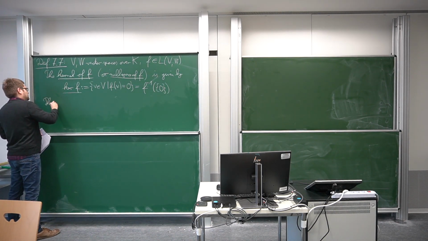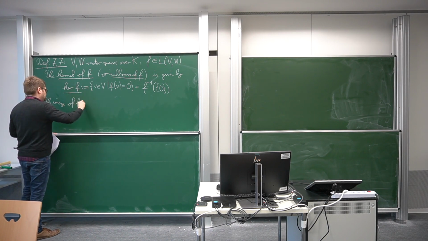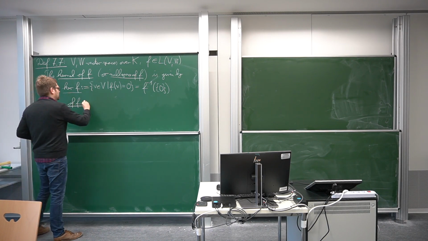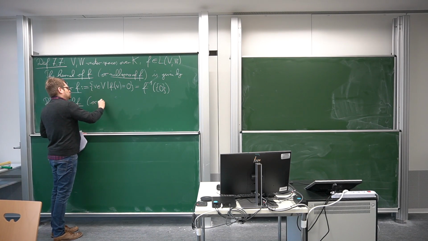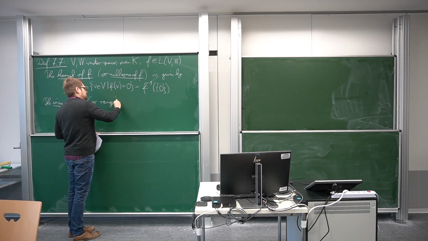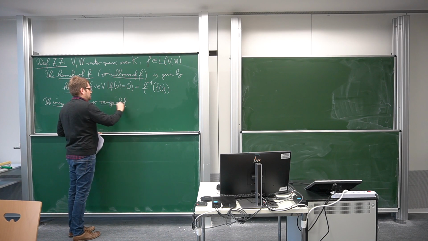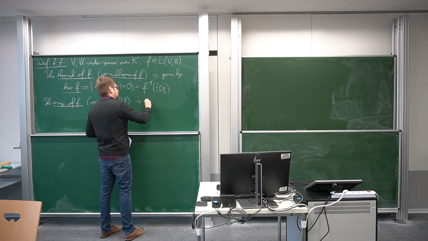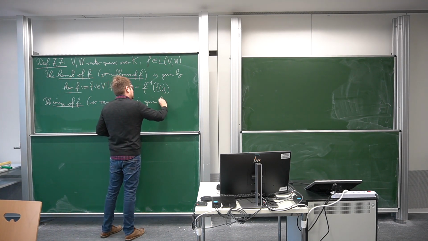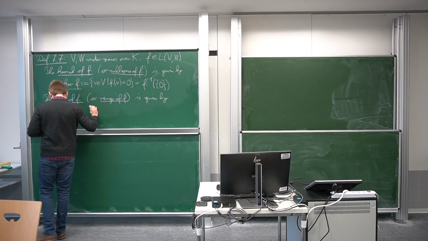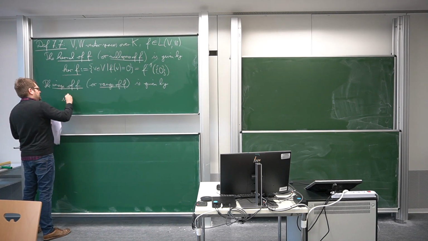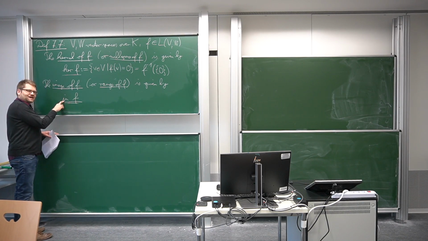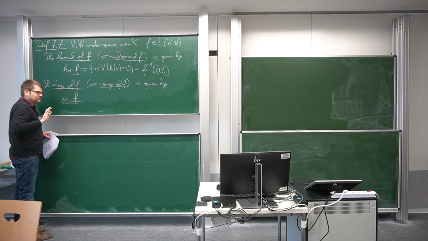Second construction, the image of F. I have already introduced this, but just as a new notation, the image of F, sometimes for linear maps also called the range of F. This is simply denoted by im F. Not to be confused with the capital Im, which is the imaginary part of a complex number in my notation.